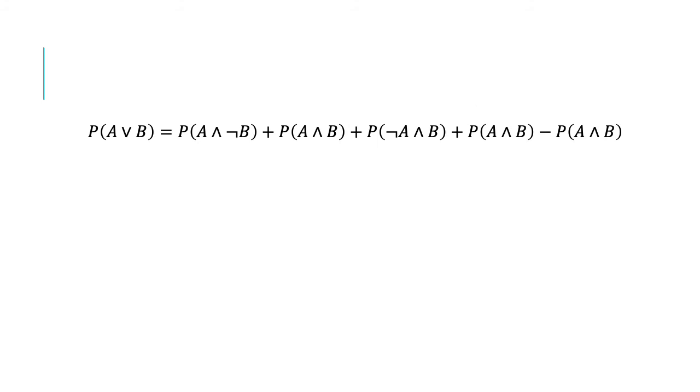So now we have that the probability of A or B is equal to the sum of the three familiar parts, the probability of A and not B, the probability of A and B, and the probability of not A and B, and now, at the end, adding and subtracting the probability of A and B. Notice that the probability of A and not B plus the probability of A and B is just the probability of A. That's the portion of A that does not contain B and the portion of A that does contain B being added together.